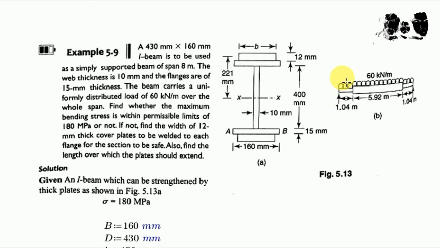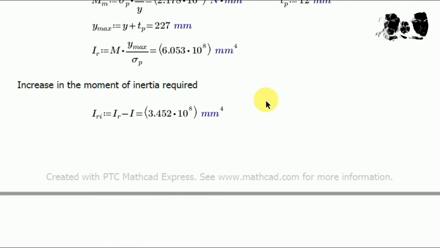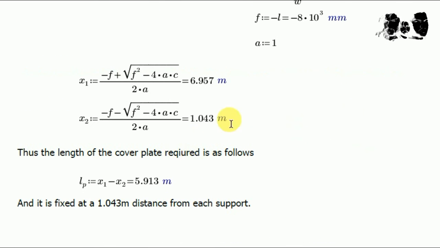This shows that we have two points in the beam where the maximum bending moment occurred, where the chances of failure can be achieved.